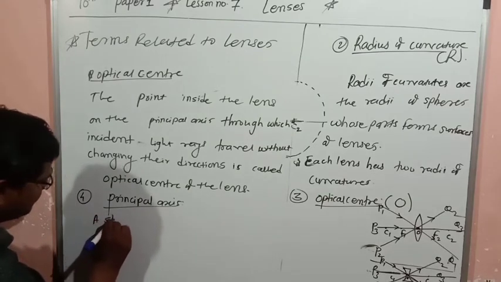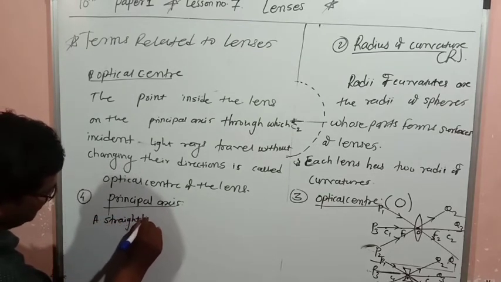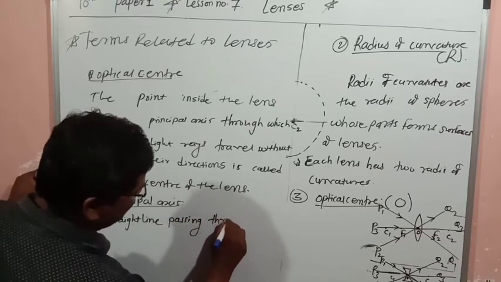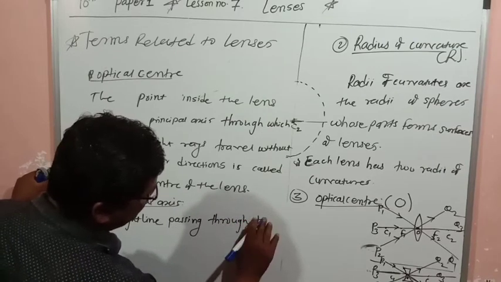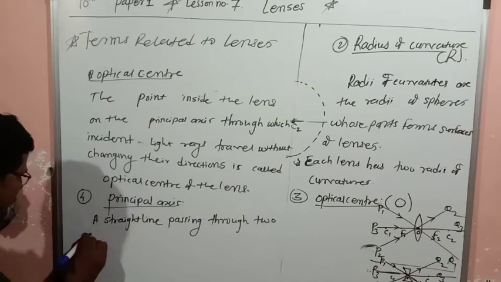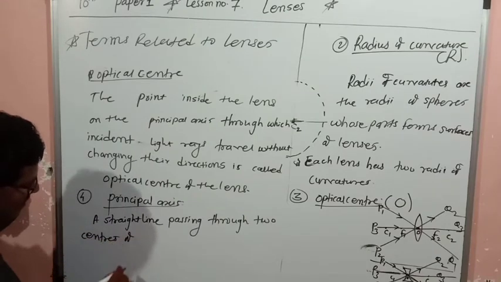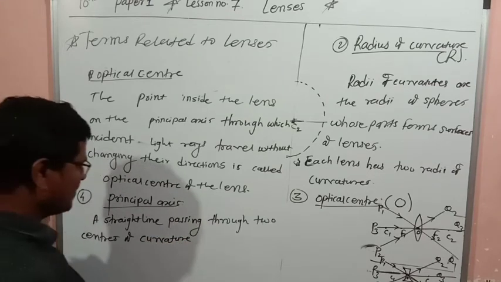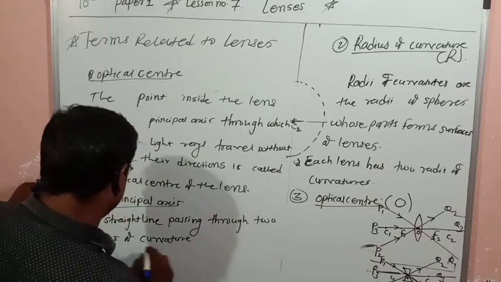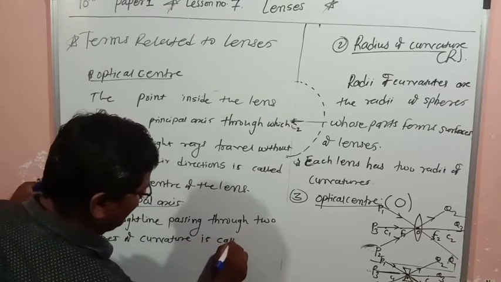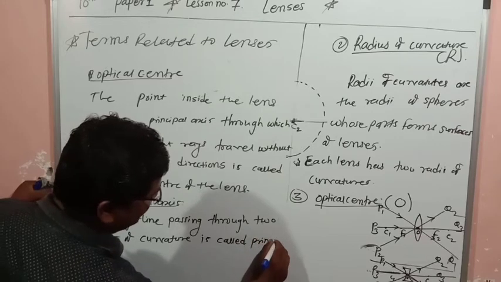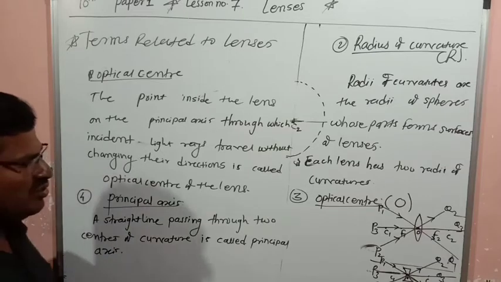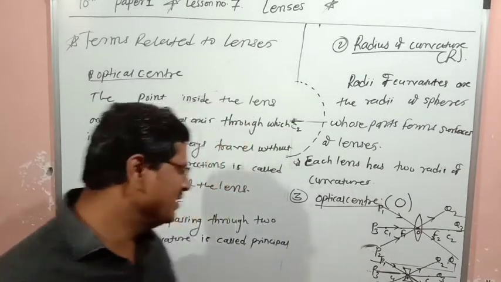A straight line passing through two centers of curvatures is called the principal axis, or you can also say a line joining two centers of curvatures is called the principal axis.